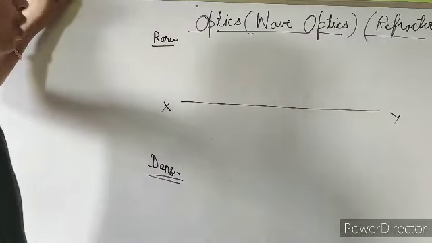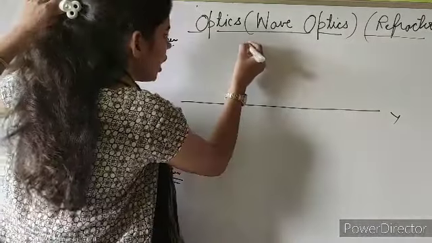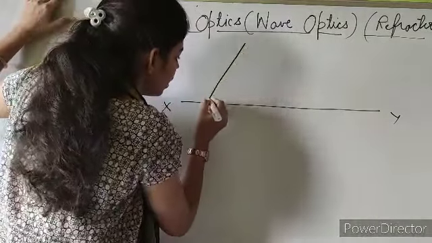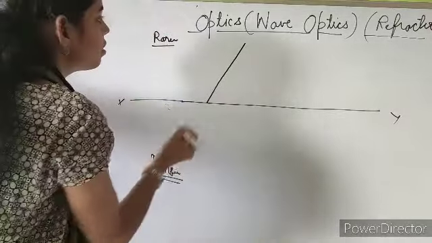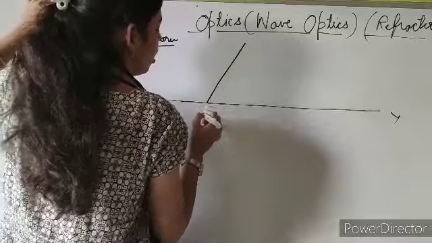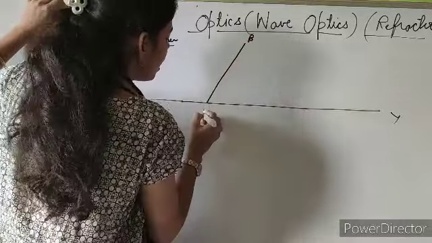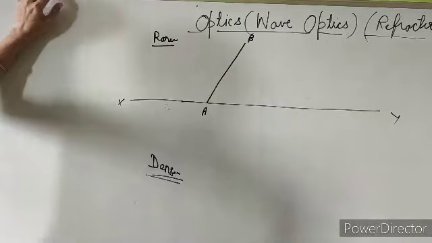Now suppose this is an incident wavefront. This is X. AB is an incident wavefront.